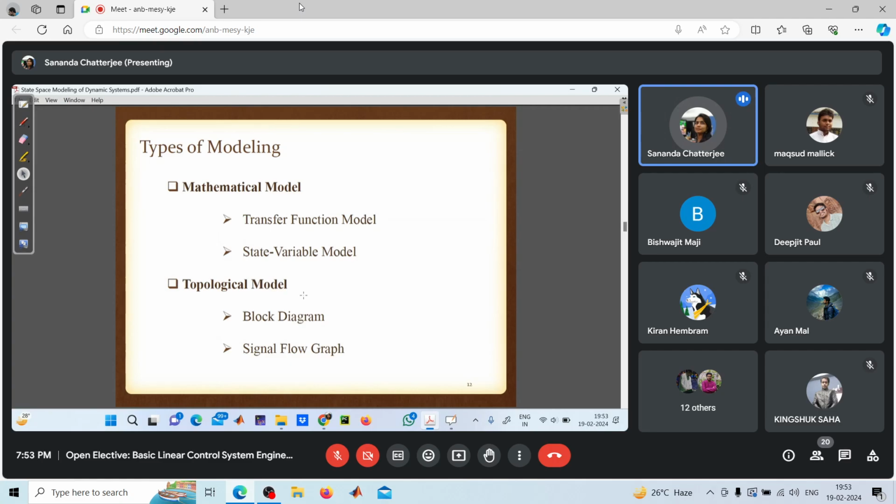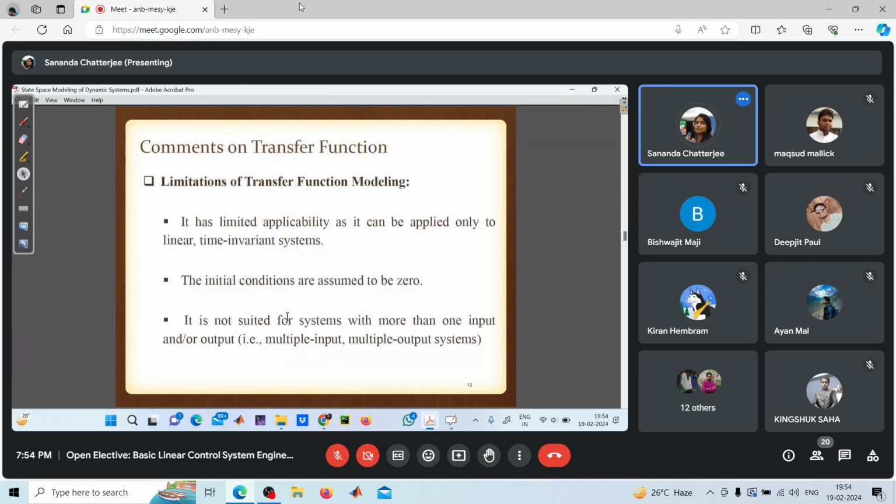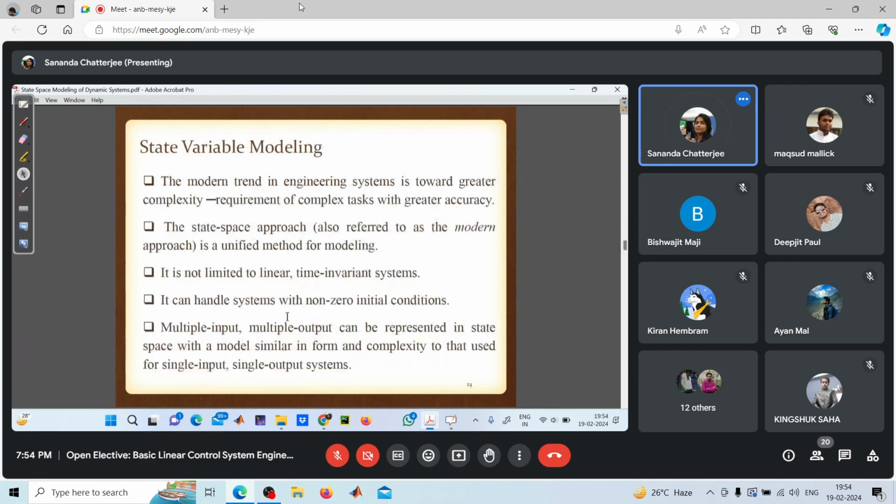Topological model means we will represent the interconnection among them by some diagrams, and then try to extract the information by reducing that graphical representation. Okay, so from here I am moving towards the state variable model of a system.